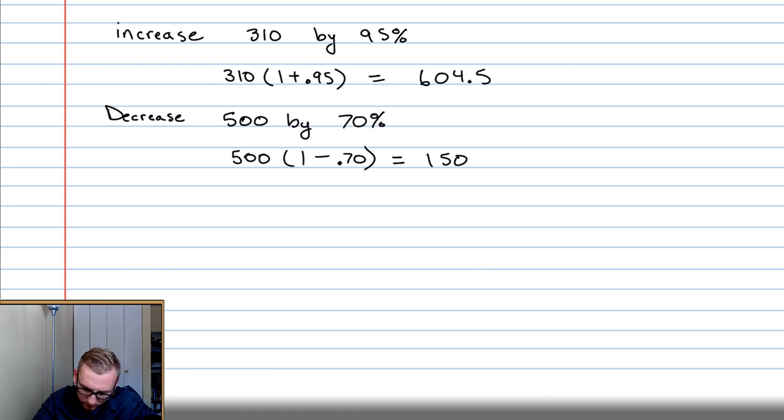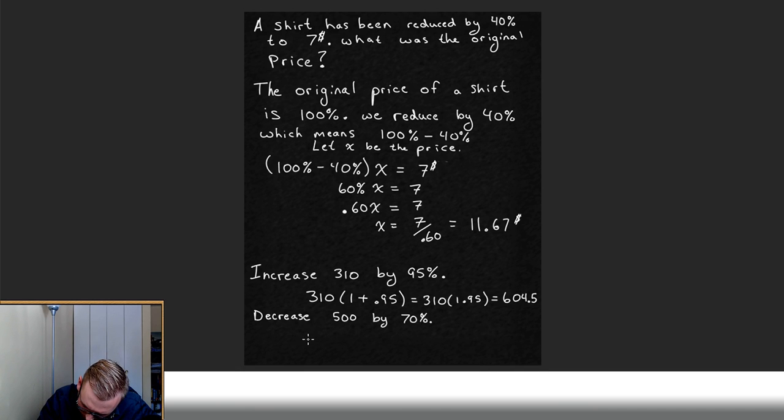So then we would have 500 times (1 minus 70%) equals 500 times 0.3, right, just in parentheses.